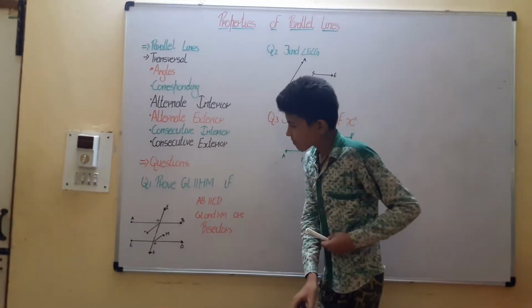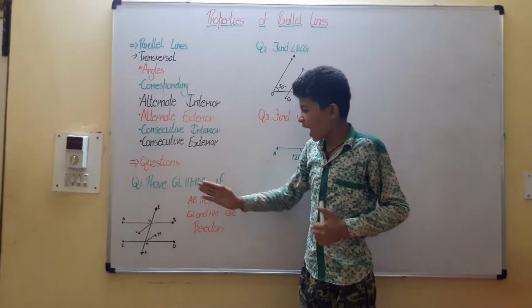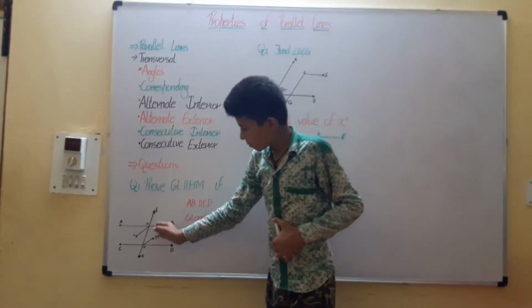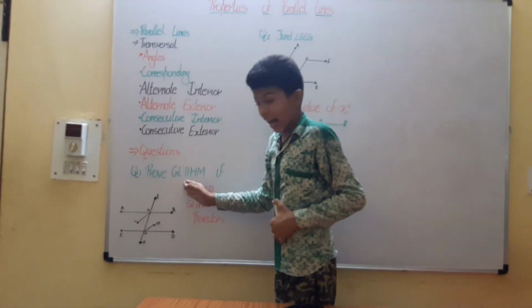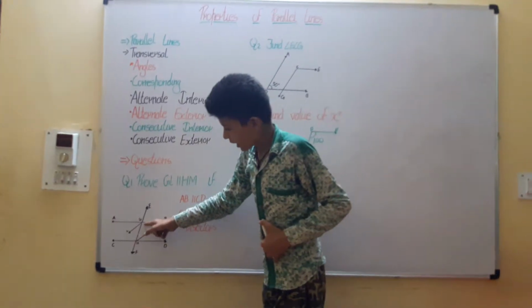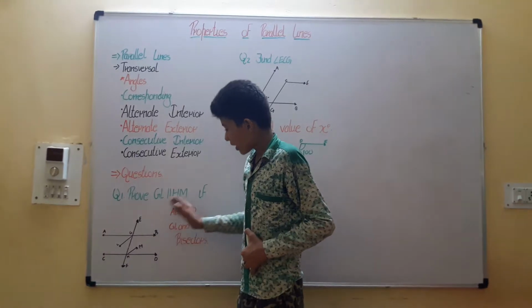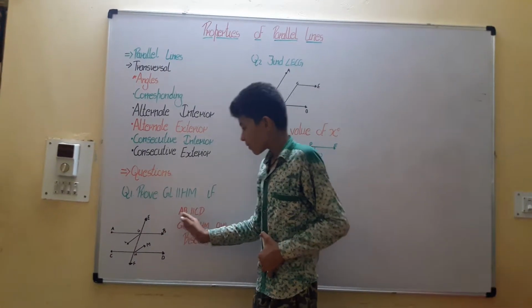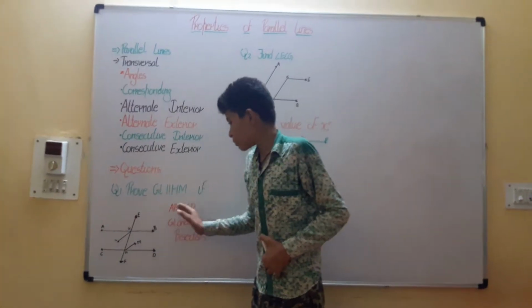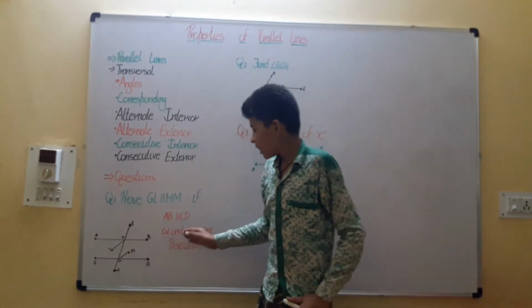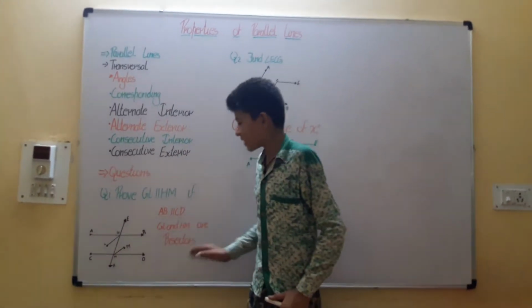So the first question is, we have to prove that line GL is parallel to HM if AB is parallel to CD and GL and HM are bisectors.